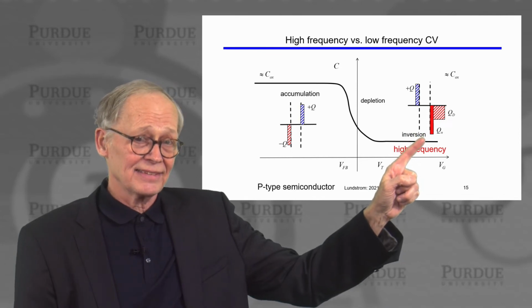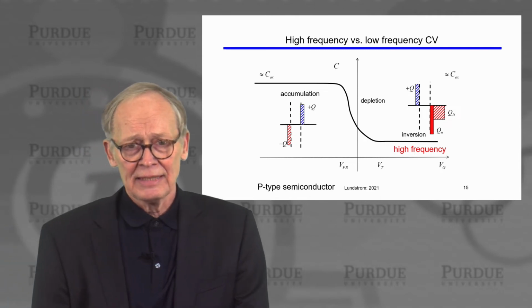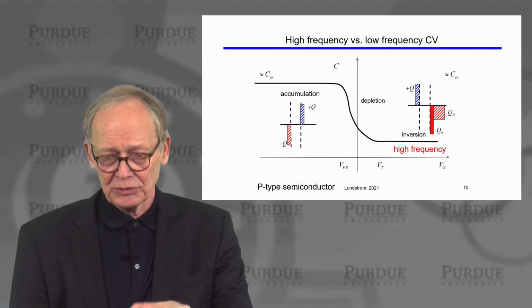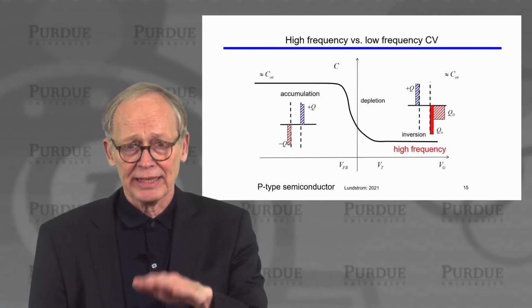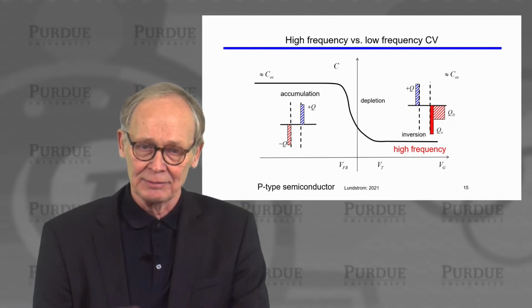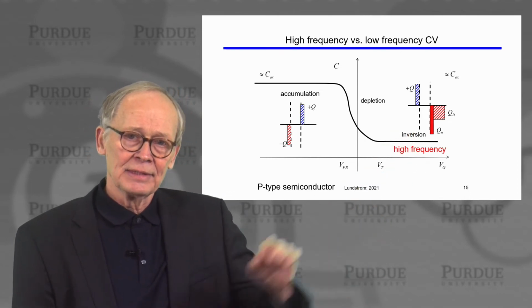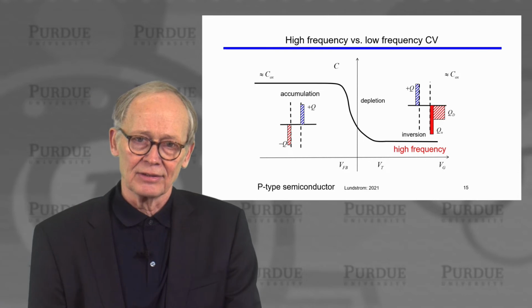And it turns out it doesn't take a very high AC frequency for that to happen. As that gate voltage goes up and down at some frequency, and we ask for more inversion layer electrons, it takes some while to generate them. So they can't follow the signal. It's as though they are not there for the AC signal.